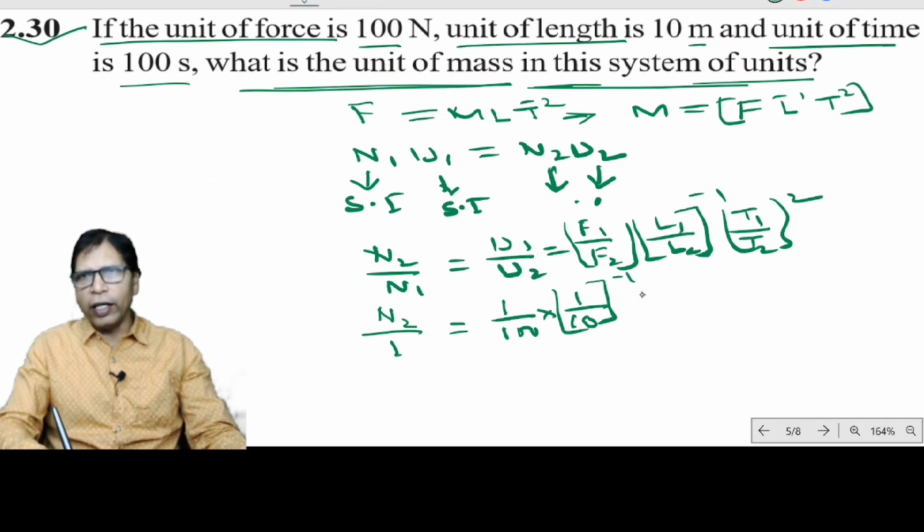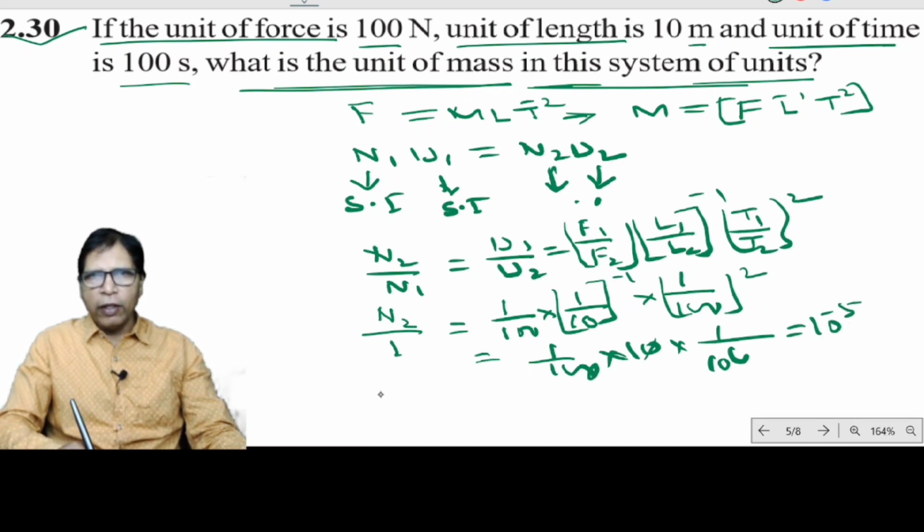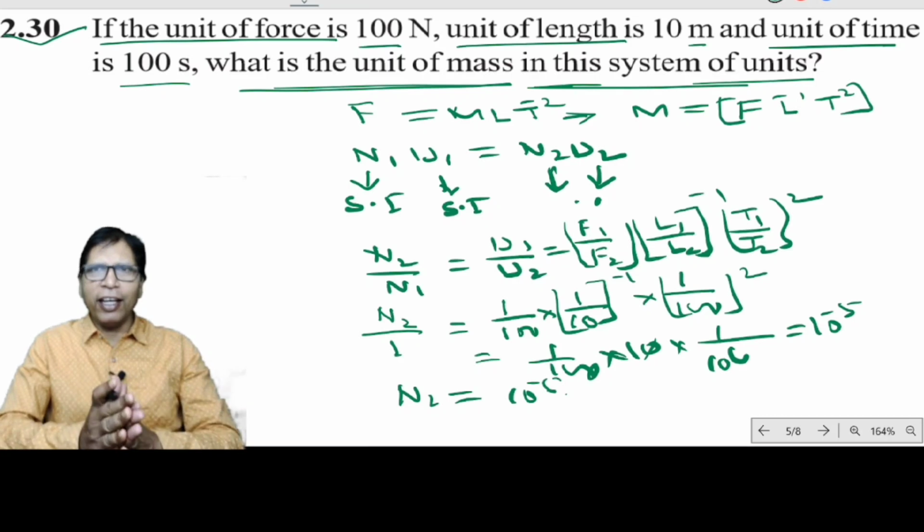T1 is 1 second and T2 is 100 second, squared. So this is 1 by 100 into 10 into 1 by 10 to the power 4. This and this cancel out, so 10 to the power minus 5. Therefore, N2 equals 10 to the power minus 5 kg. Okay, understood?